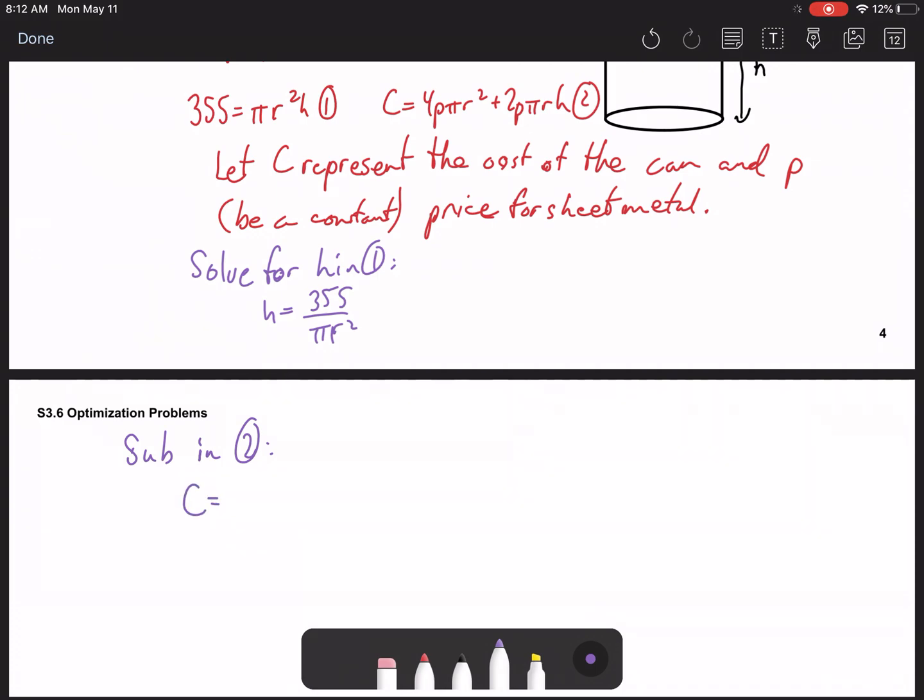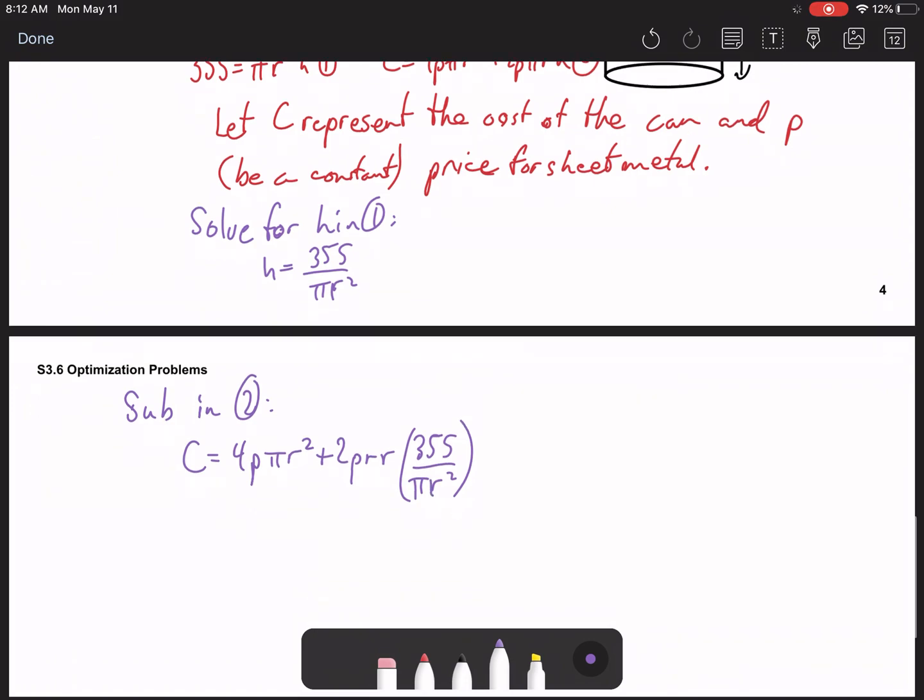So I get cost is equal to 4p pi r squared plus 2p pi r. Now I substitute h in. And now I get this expression.